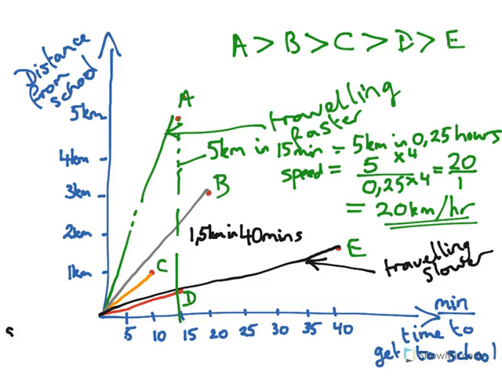So if we were going to look at the speed of person E, we'd take the distance, 1.5, divided by the number of hours it took. 40 divided by 60 converts number of minutes to number of hours. So that gives us 1.5 divided by 40 divided by 60, which simplifies to the fraction 2/3.